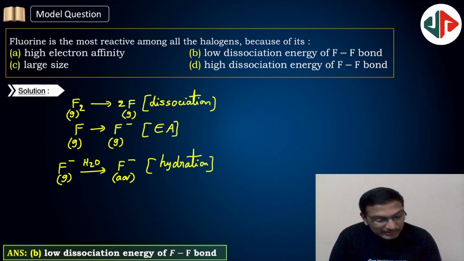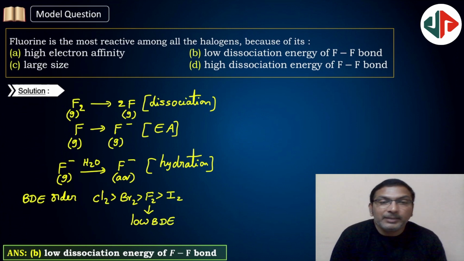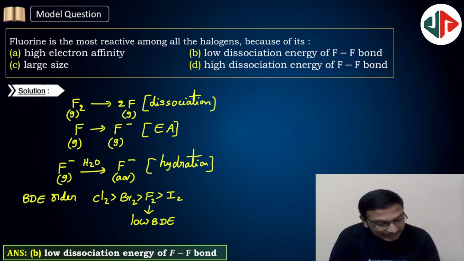So here, bond dissociation energy order of halogens. Remember like this, CBFI. CBFI means Cl2, Br2, F2 and I2. This is bond dissociation order. So F2 has low bond dissociation energy. Therefore, it can form atoms easily. Next, hydration energy will be very high.